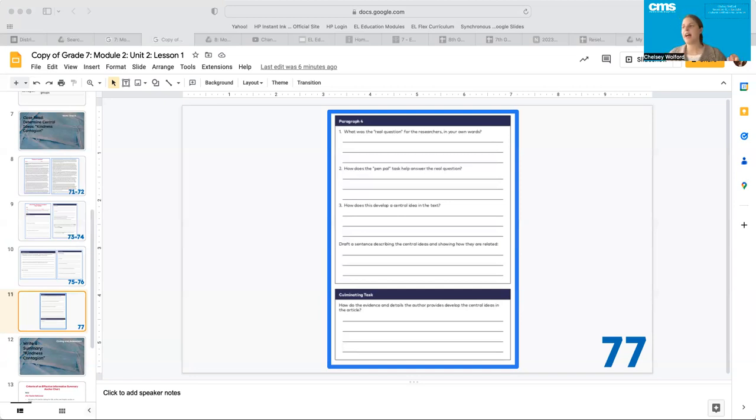So I want to go down to the culminating task. How do the evidence and the details that the author provides develop the central ideas in this article? So first you have to determine the central ideas, okay? This is an example answer, okay? The author gives examples of different times when people imitate one another to develop the idea that conformity can be good or bad.